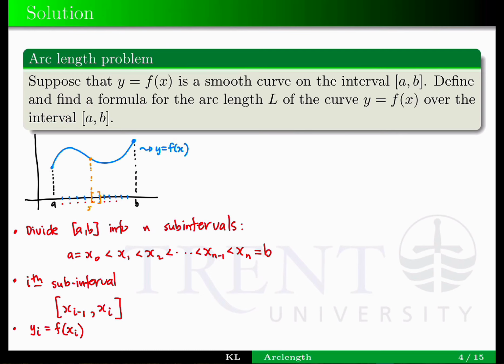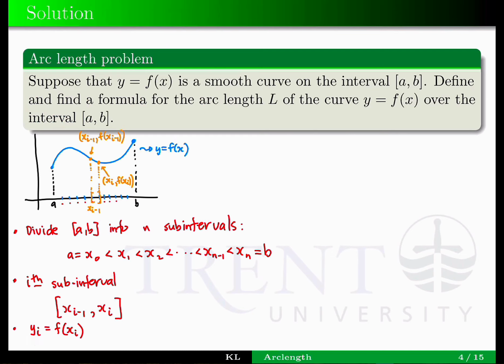So if this is our x sub i minus 1, then this one will be the point (x sub i minus 1, f of x sub i minus 1). And of course, this one here will correspond to this point on the graph. If this is your x sub i, then this will be (x sub i, f of x sub i). In notation, we'll just write that as y sub i.